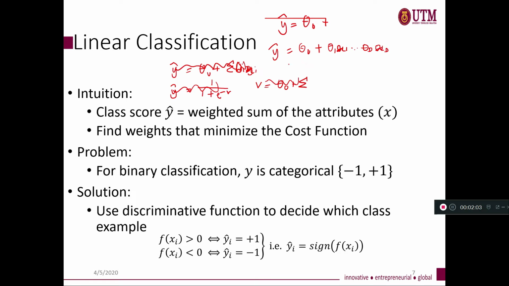Or in other words, it is theta naught plus the summation of theta i xi, where i equals 1 up until d.